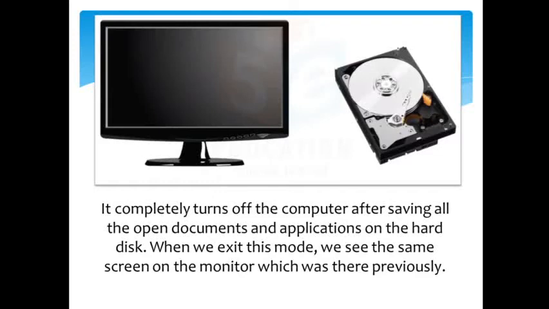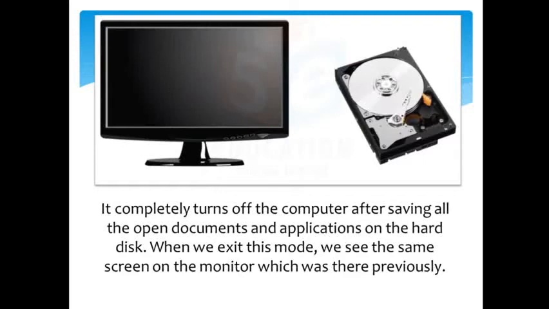When you click on the hibernate option, the computer turns off. It saves all the open documents and applications on the hard disk. During this period, the computer uses even less power than the sleep mode.